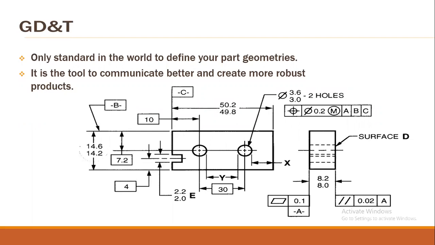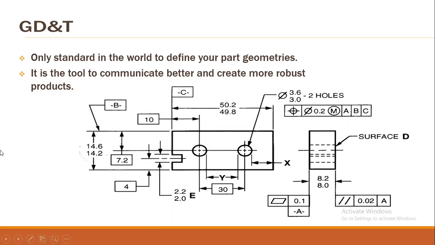If you have a skilled worker, he can create exact dimensions. But if you don't have a skilled worker, he will create some error in manufacturing. So we consider these parameters, and that's why we maintain some tolerance.